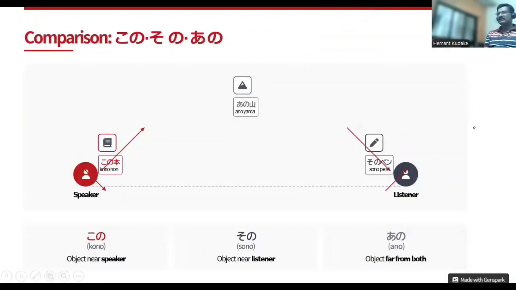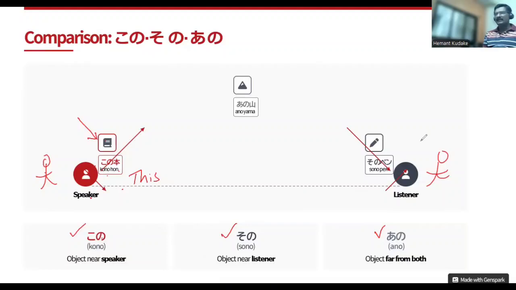Here is the speaker-listener concept again. Suppose this is the speaker and this is the listener. The object which is near to the speaker is called kono. The object which is near to the listener is called sono. And if it is away from both, it is called ano. Now let's suppose this book is near to the speaker, then the speaker will say kono hon, which means this book.